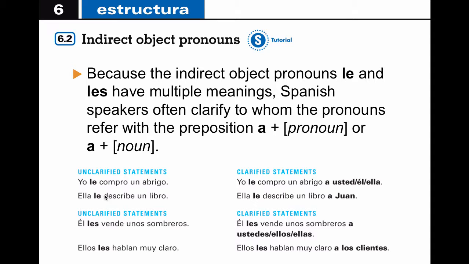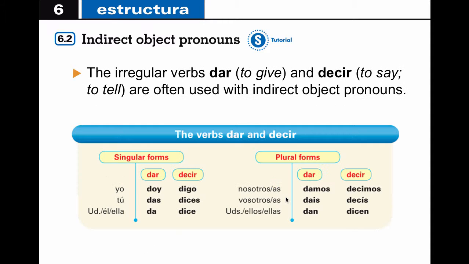If we're talking in a specific context, the person would already know who we're talking about, versus if we are just starting the conversation, for example, we have to say who it is we're talking about in Spanish. A usted, a él, a ella, or a Juan, a ustedes, a los clientes, to the customers. Okay, so that's all we're talking about here.